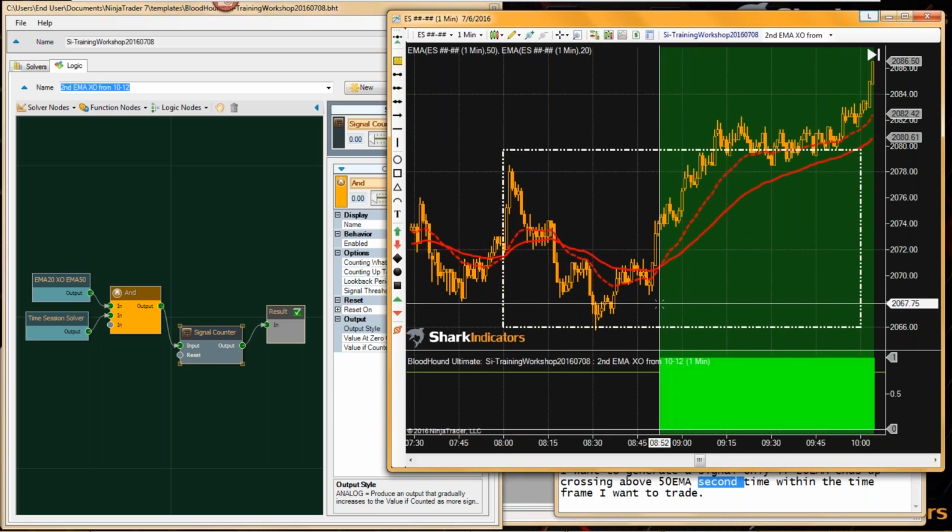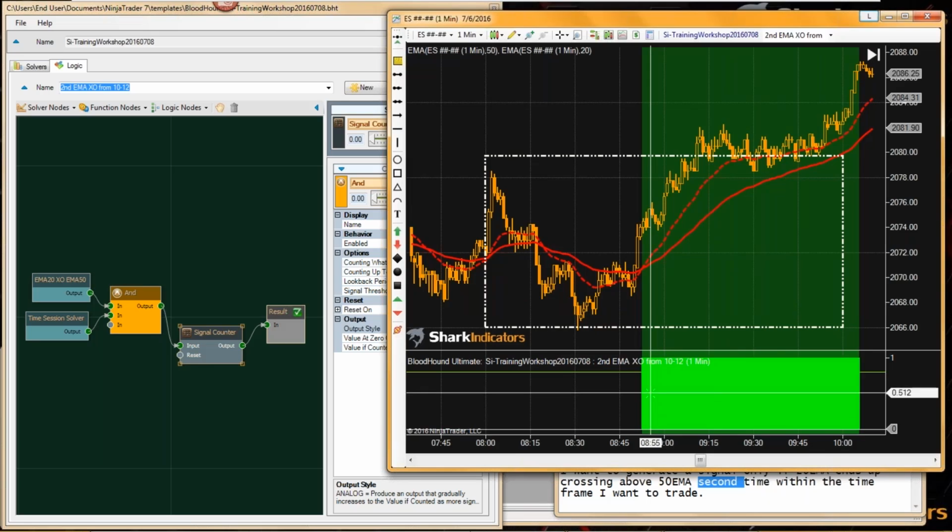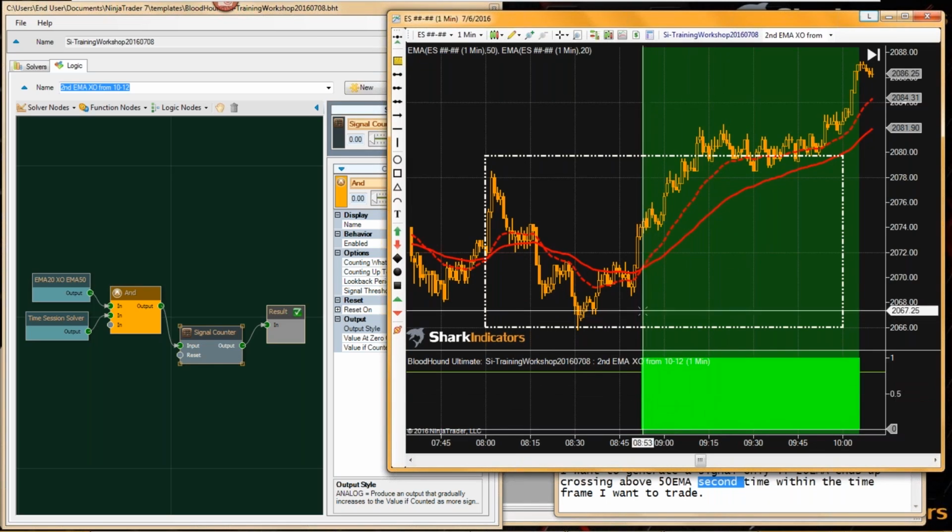And now what we have is our result. So now after that second long signal, the signal counter is outputting a long signal saying, you know what, I've been able to count 2 long signals.